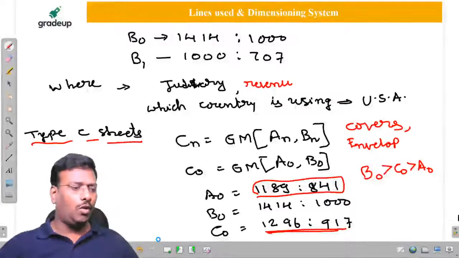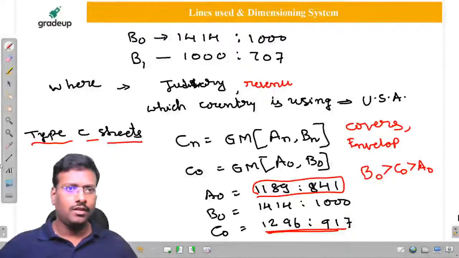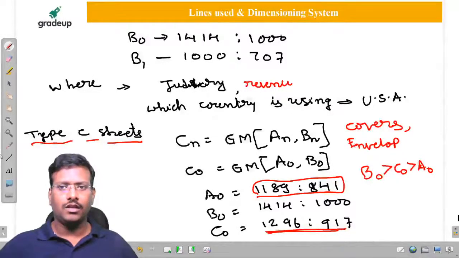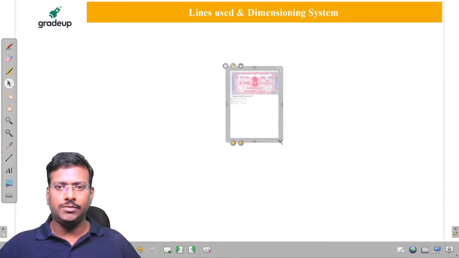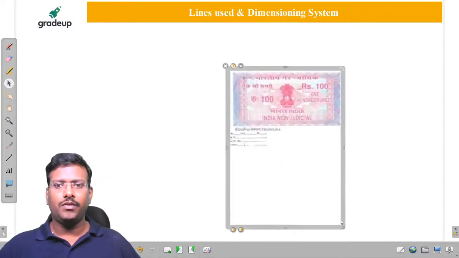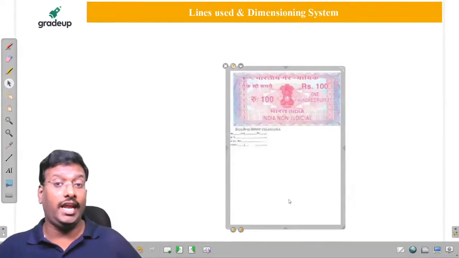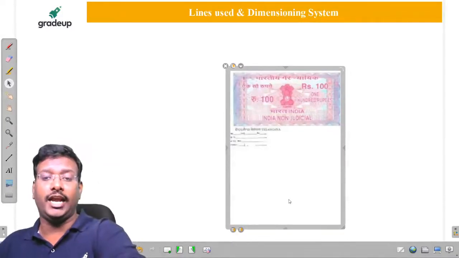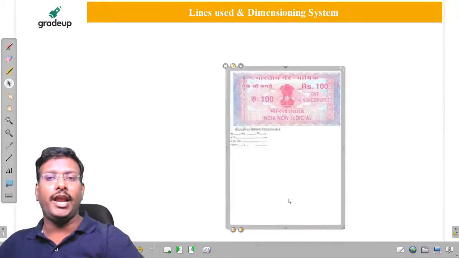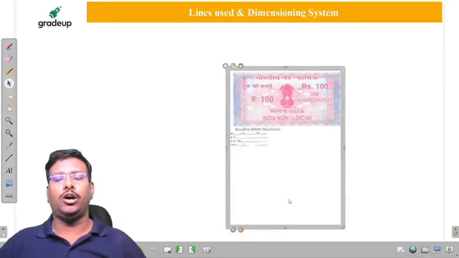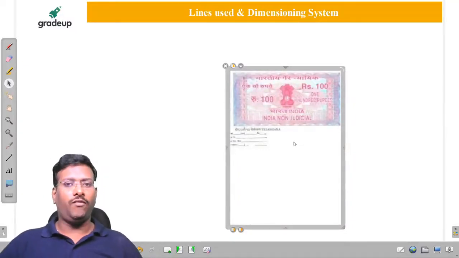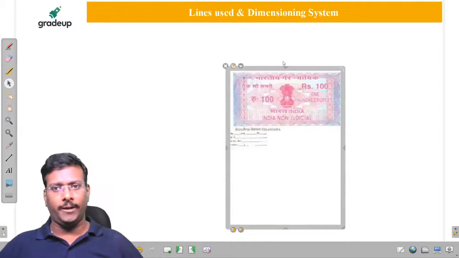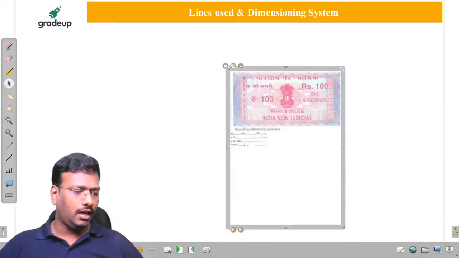Judiciary bond papers are like this. Not nowadays, I am repeating once again: now they are also converted into A type of sheets. Old documents, if you observe, are in B4. Now they are coming with A4 only. Is it clear?